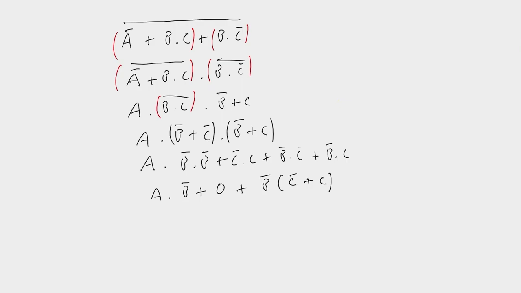So our A and not B or 0, so that's just straightforwardly A and not B, or not B and C or not C, well that's simply 1, that should be knotted there as well. And now we have A and not B, and that actually simplifies down to A and not B.